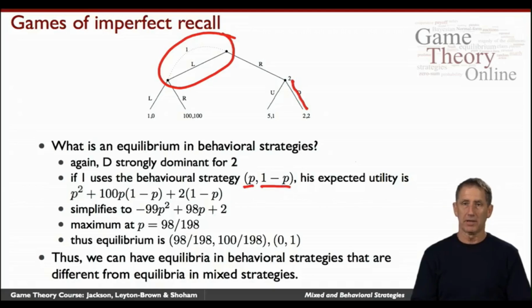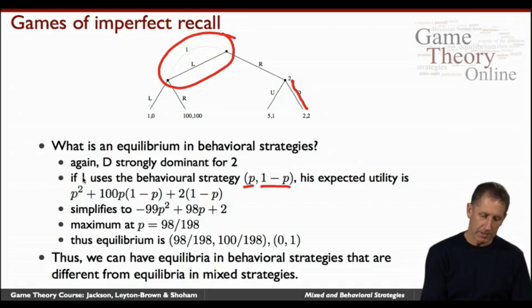Assuming player 2 plays D, what is their expected payoff given the parameter P? Well, with probability P times P, they will end up here and get a payoff of 1. So that's P squared times 1. With probability P times 1 minus P, they will end up here and get a payoff of 100.